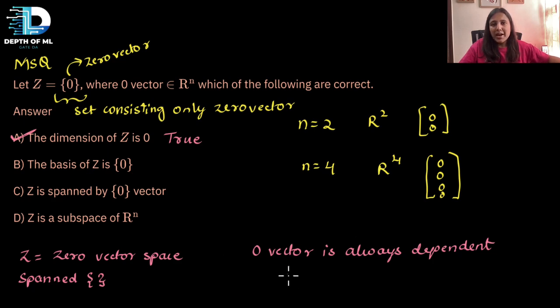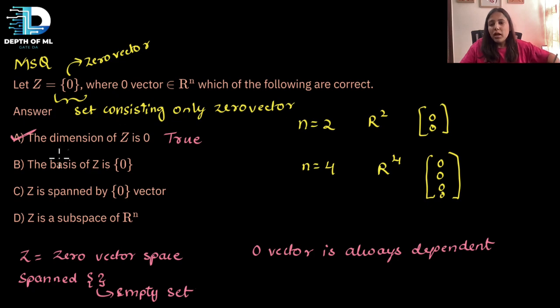In my basis I can only take linearly independent vectors, so if I have a 0 vector space, I can't take the 0 vector in this. So I say that this is spanned by the empty set. If it's spanned by the empty set, it means the number of vectors in the basis of this vector space is 0, right? And the number of vectors in the basis of a vector space is equal to the dimension. Hence the dimension of this 0 vector space is 0.